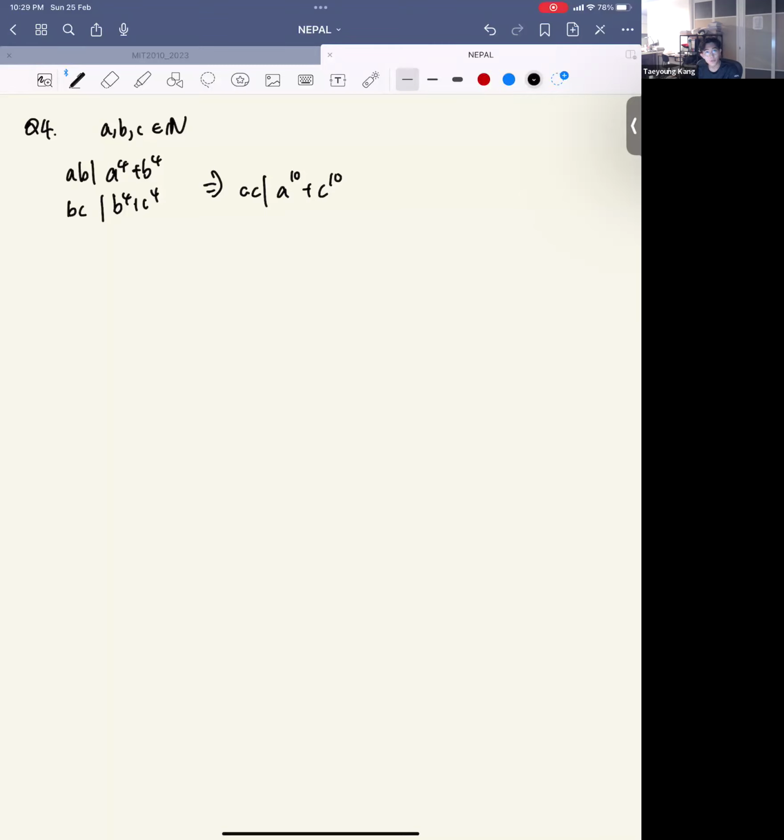Binomial expansion. Not really, because it's quite hard to do binomial expansion on it.